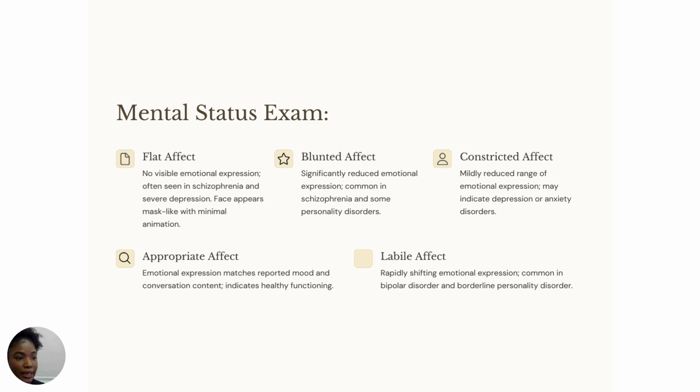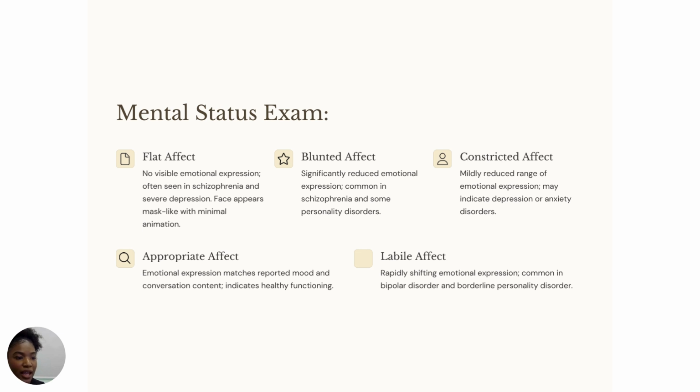And when a client has flat affect, it usually points to depression, severe depression, or schizophrenia. Blunted affect is a reduction in emotional expression, which is common in schizophrenia and some individuals that have personality disorders. Constricted affect is a reduced range of emotional expression. Some may indicate depression or anxiety disorder.